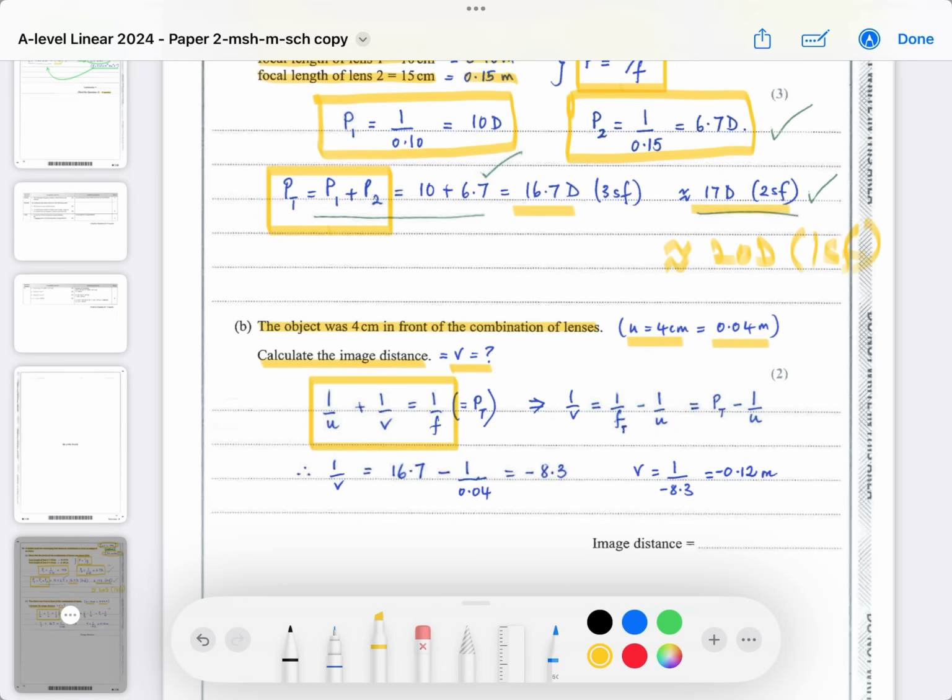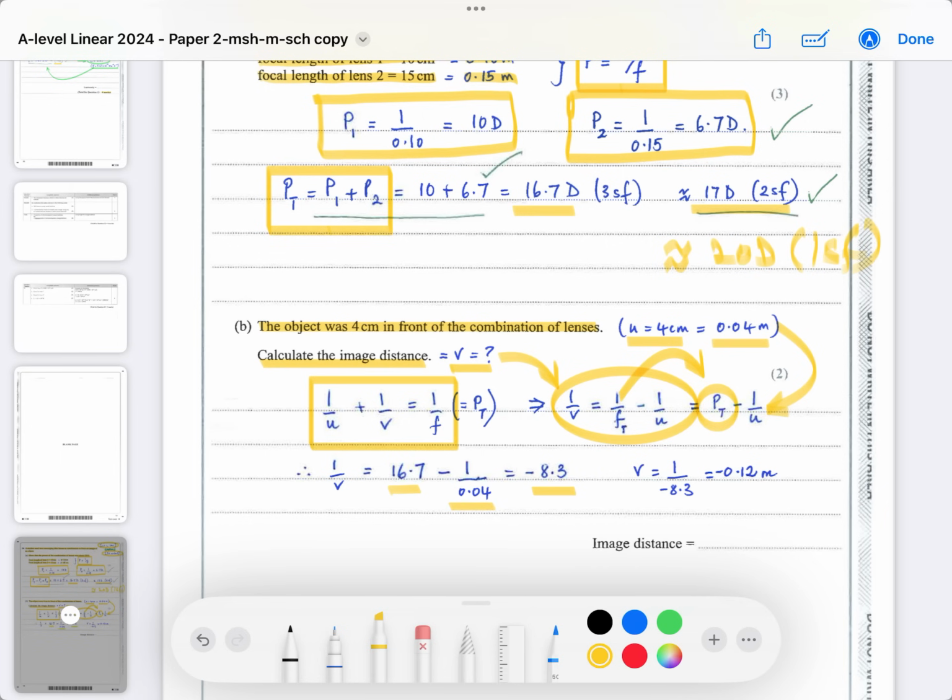So we want to find v, so we change the equation round to make 1 over v equal 1 over f minus 1 over u, and we know 1 over f is the power. Take away 1 over u, where u is 0.04, so that goes into this part of the equation, and so you have 16.7, the power, take away 1 over 0.04, which gives you a negative answer.